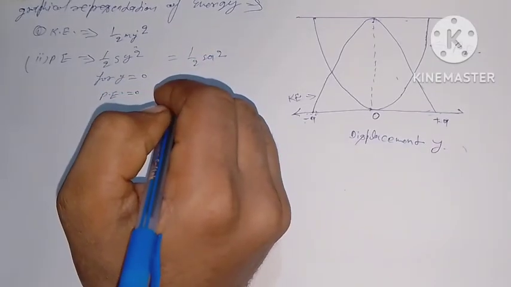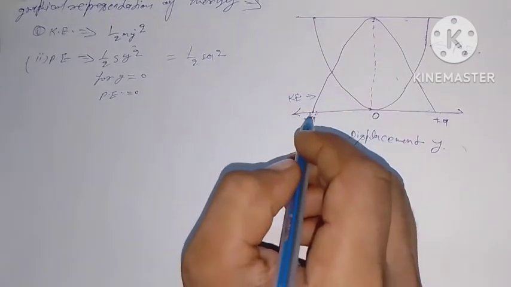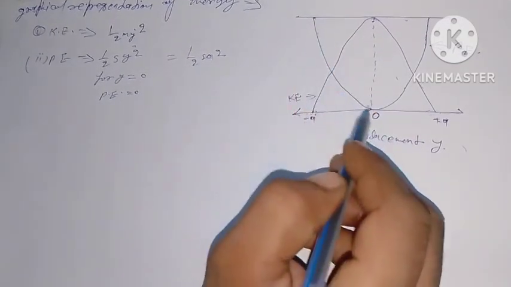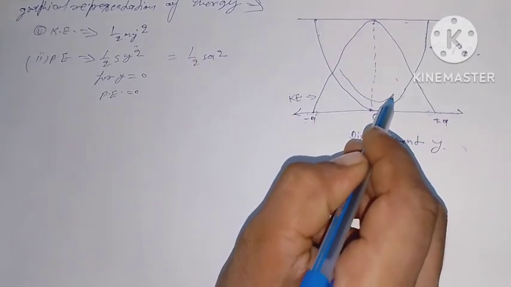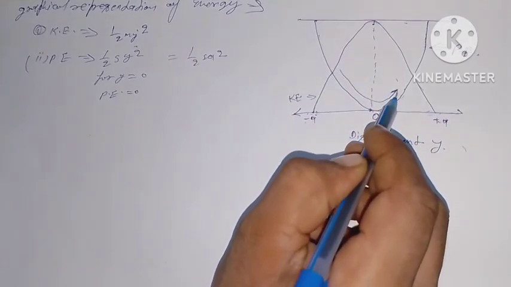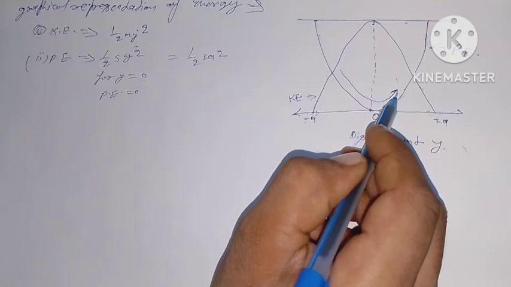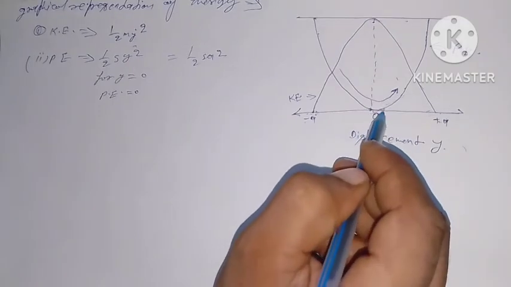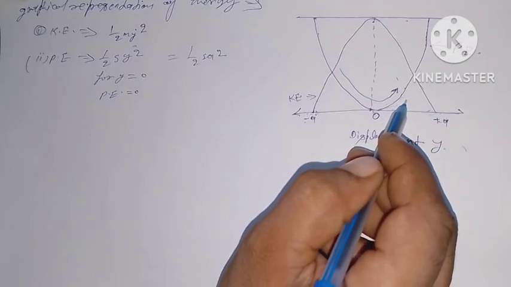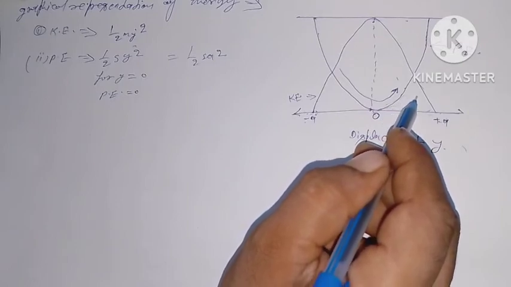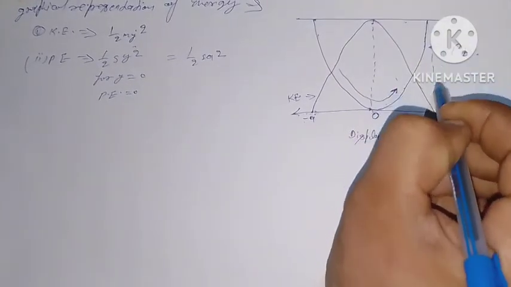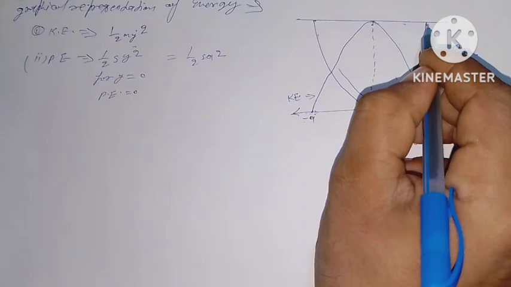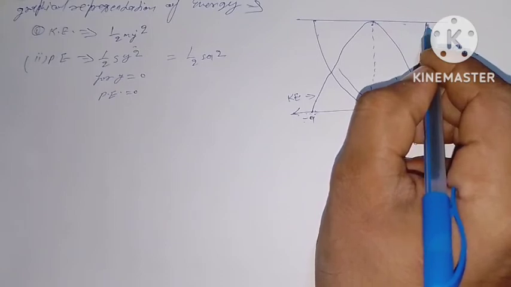Thus the potential energy goes on increasing as the oscillator moves away from the mean position and becomes maximum at the extreme position.